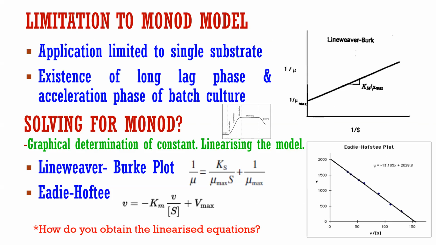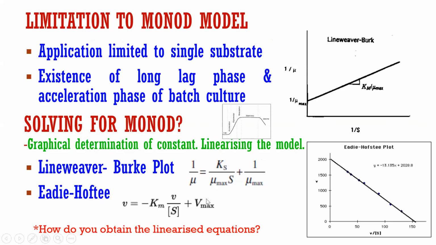The one that I'd like to introduce here is called the Lineweaver-Burk plot. It is named after two people, all right? And then this is another one, Eadie-Hofstee. For the Lineweaver-Burk plot, it will be equal to this.